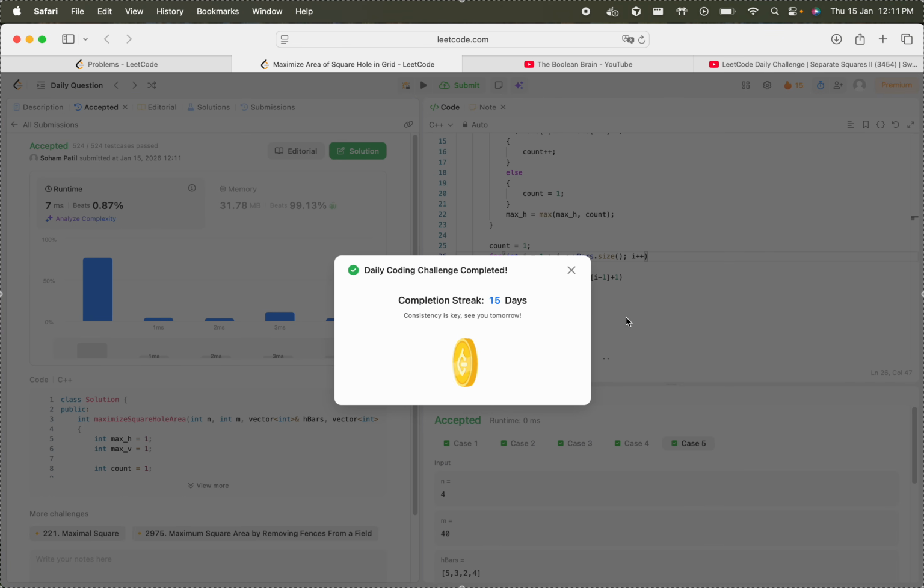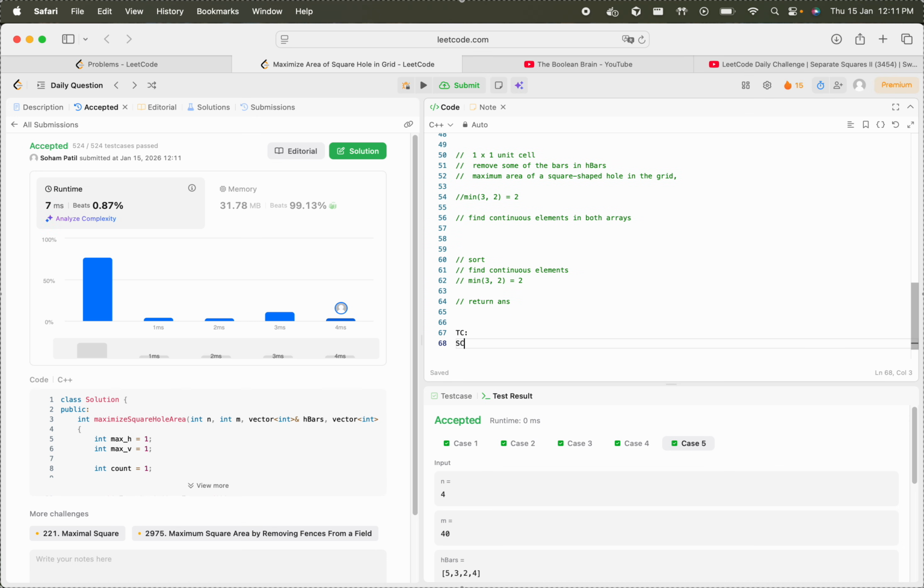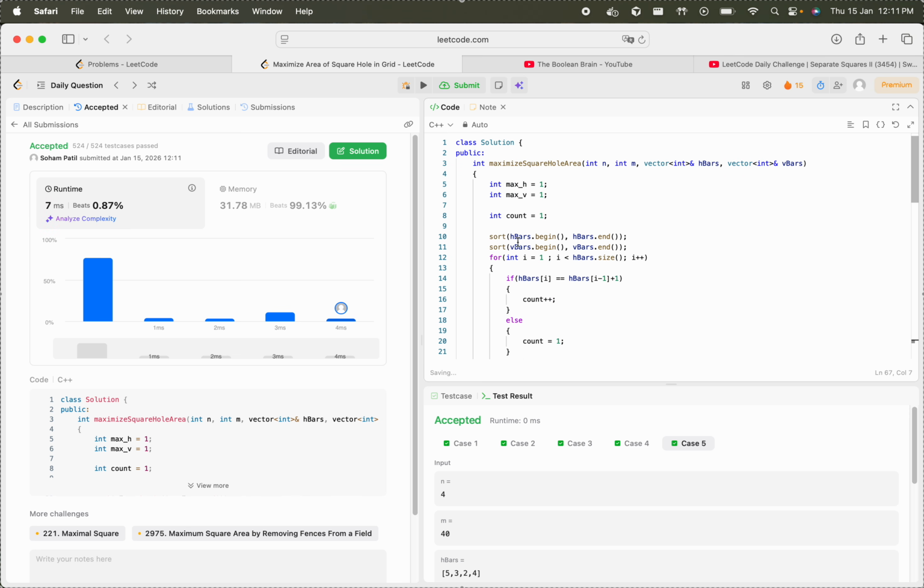And yeah, the solution is accepted. Now let us quickly discuss the time and space complexity. So in order to find the time complexity, let us see what we are doing. We are sorting. So as I mentioned, this sort internally uses intro sort. So it basically goes h log h. Okay.